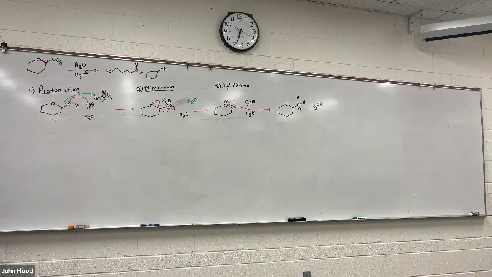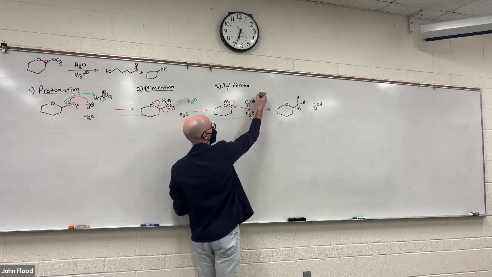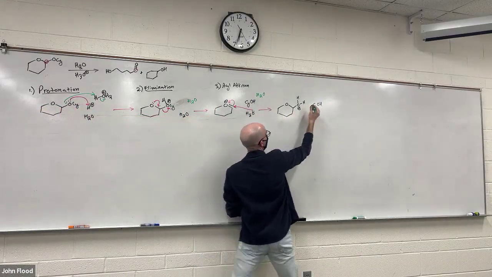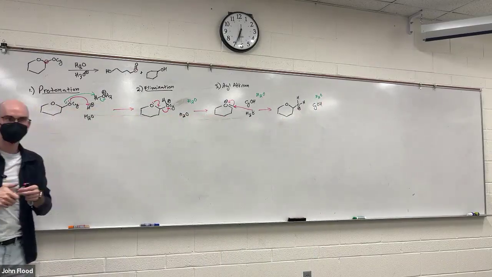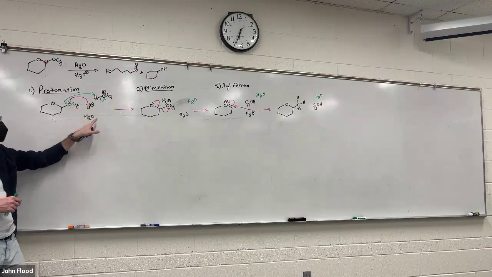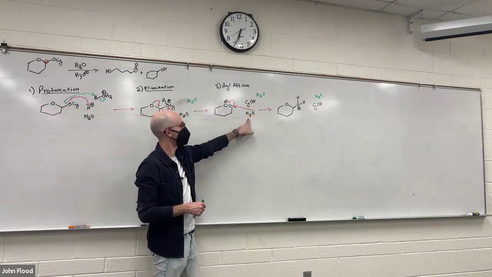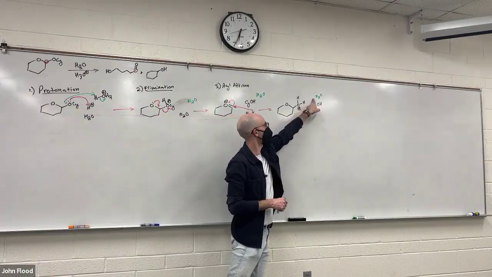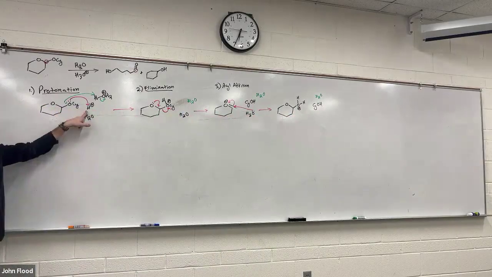If you have been following along with H3O plus, you also have a second molecule of water here. If you are following along with just H plus, you have H2O cyclohexanol.